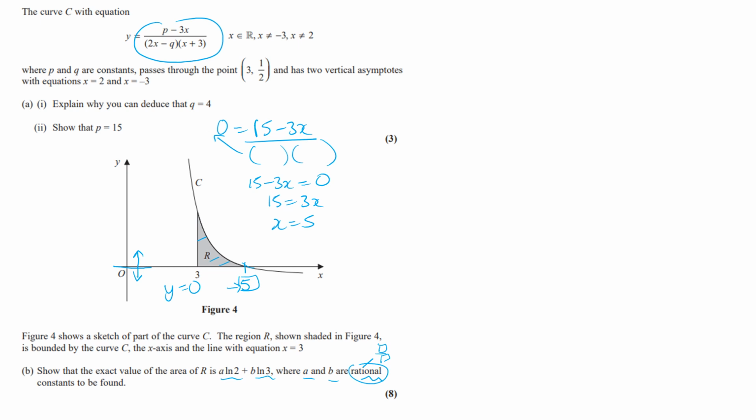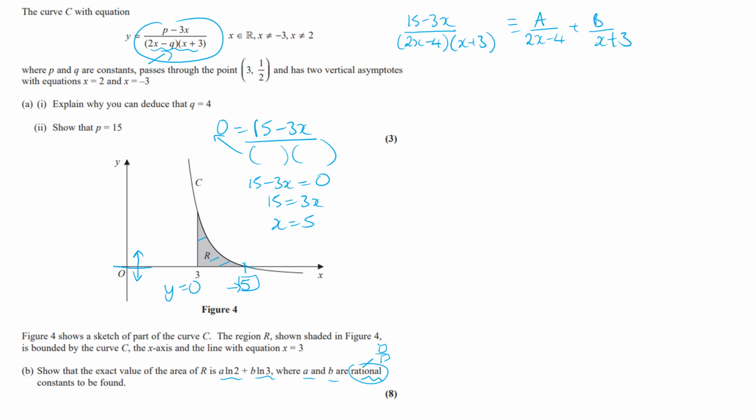Now what we need to do is look at the thing we're going to be integrating. You can't integrate it as a single fraction. You need to split it up into partial fractions. So we've got 15 minus 3x over (2x minus 4)(x plus 3). We're going to set that up as A over 2x minus 4 plus B over x plus 3.